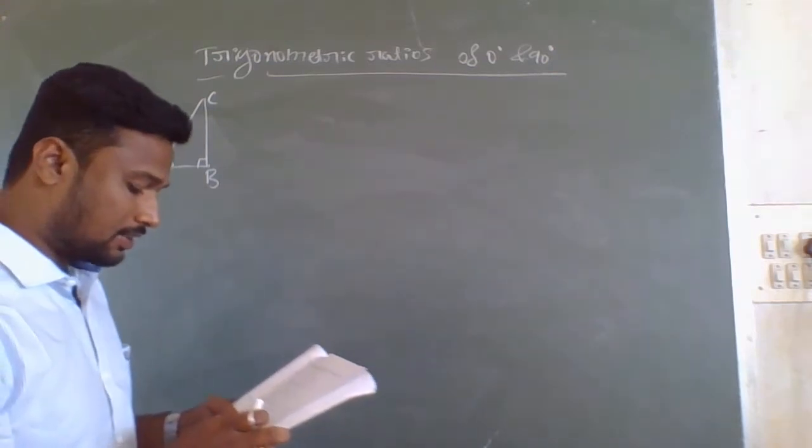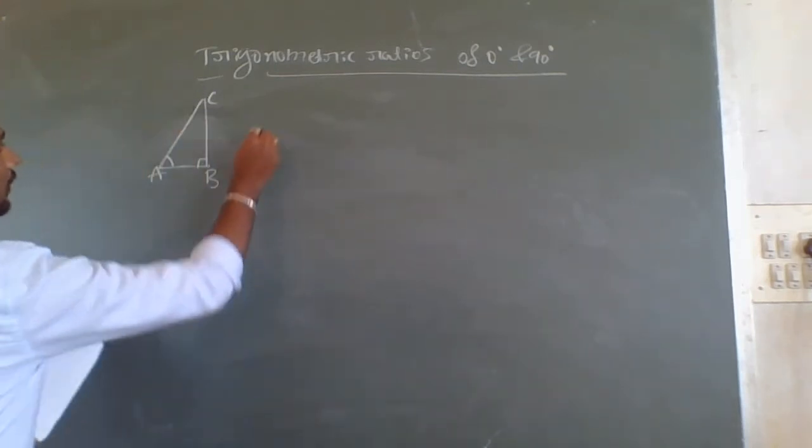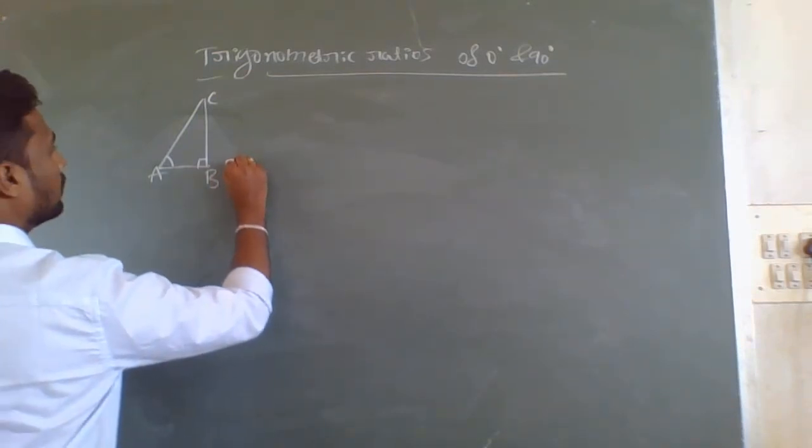As angle A gets smaller and smaller, the length of the BC decreases. See here in diagram, they are reducing this angle A.